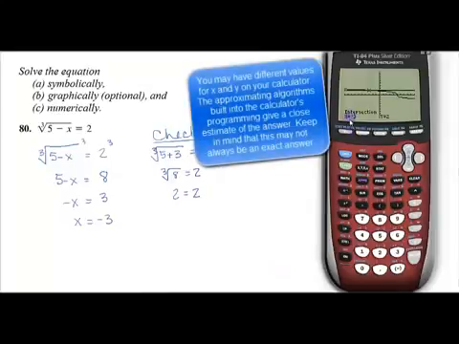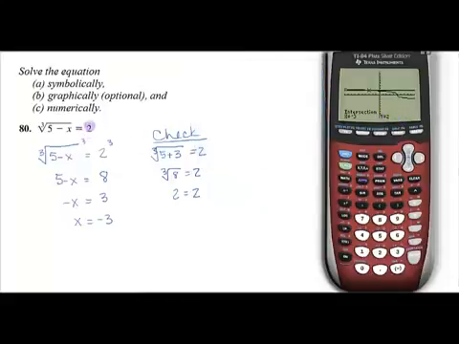It says the intersection is negative 3, 2. Of course we know that the y is 2 because we let y equal 2 on that second equation. This is our solution, the x equals negative 3.